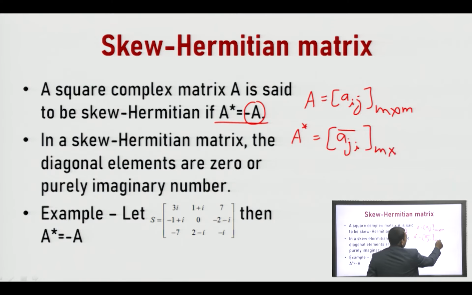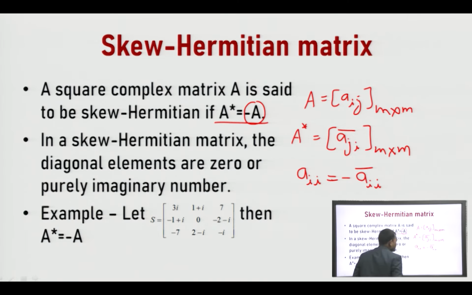This is also of order m by m. Now see here, the diagonal element aii will be what? Minus sign, and this is the minus sign also. This will be minus A. It means that aii is equal to minus of aii conjugate.